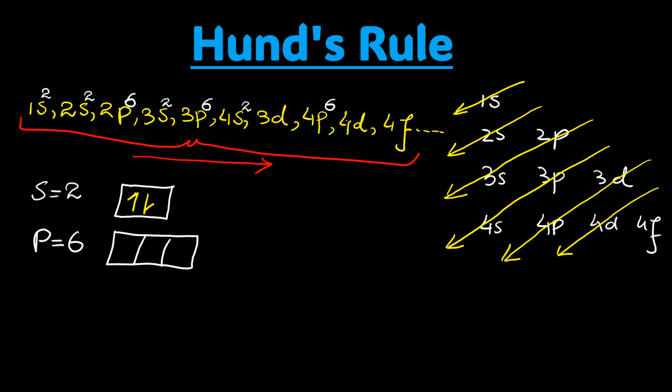Please keep in mind that according to Hund's rule, initially electrons with parallel spin will occupy the orbitals, and when they complete the parallel spins, then electrons with opposite spin will be paired in the orbitals like this.